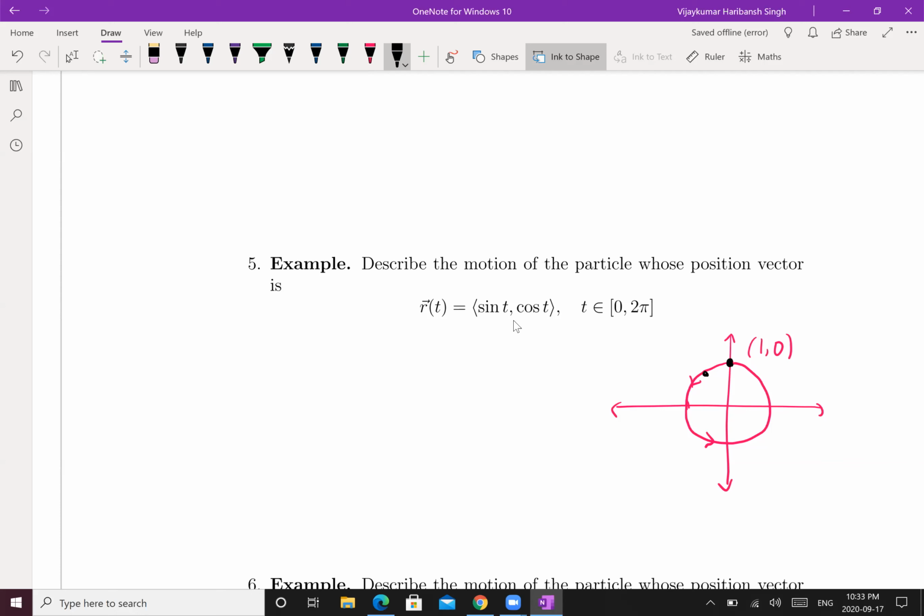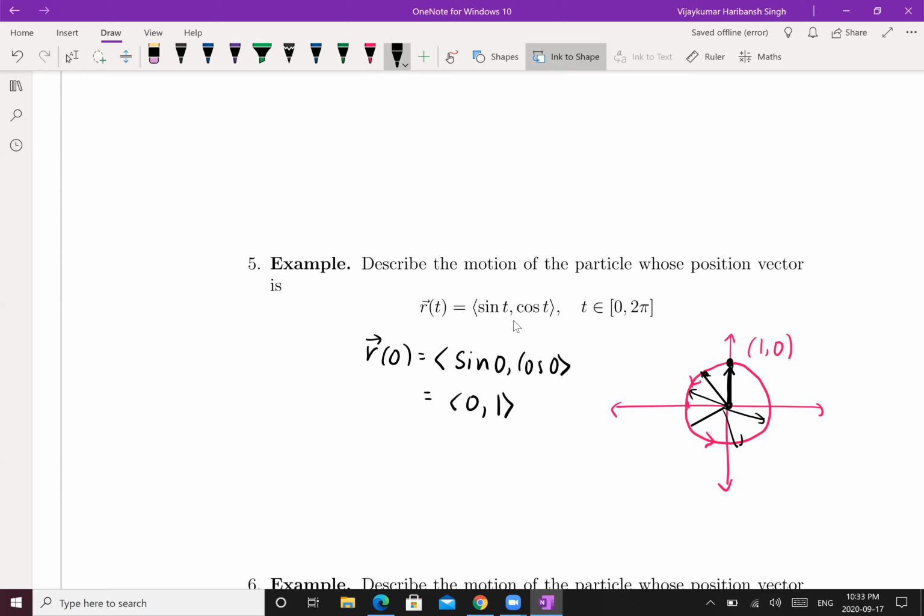So this describes the motion of the particle, and at every point you're giving the position vector. At t equals 0, we are getting this vector, which is r of 0 equals sin 0, cos 0, which is 0, 1. The idea is that instead of giving the points, we are giving the position vector of each of these points.